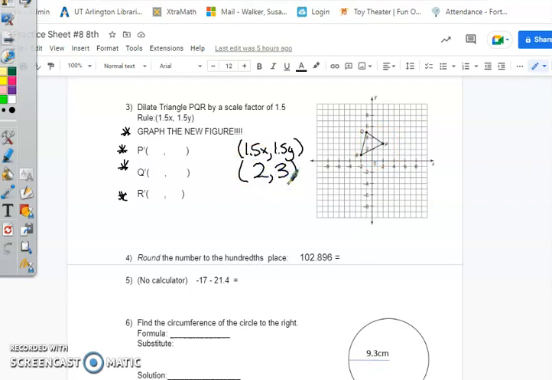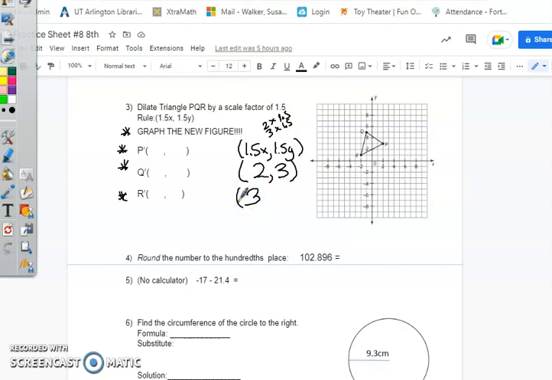Okay, your job is to multiply 2 times 1.5. So you're going to multiply 2 times 1.5 and then 3 times 1.5. Okay, I can let you know the second one is going to be a decimal. So punch into your calculator 2 times 1.5. And you should get 3.